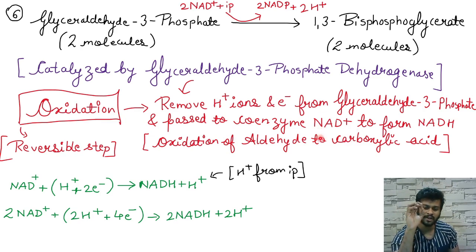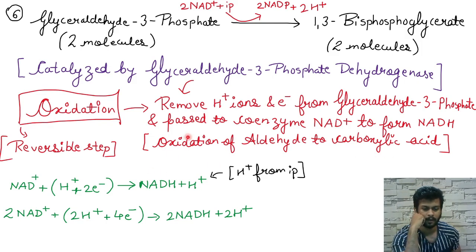And when this oxidized form, that is NAD+, will accept hydrogen ions and electron, that is reduction taking place, NAD+ form is oxidized, NADH form is reduced form. Oxidation of aldehyde to carboxylic acid, this we will understand while studying its structure.